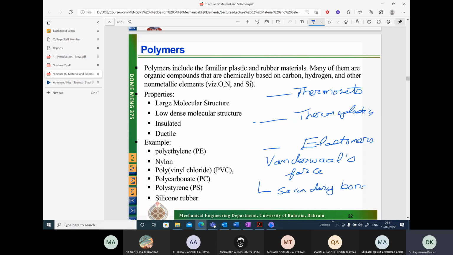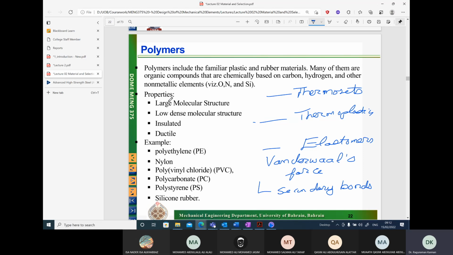Primary bonds require very high energy to break them. Secondary bonds require much lesser energy to break these bonds. Van der Waals forces are usually between two molecules. Okay, so when we have forces between two molecules, that is called as van der Waals force, and this is weak kind of force.